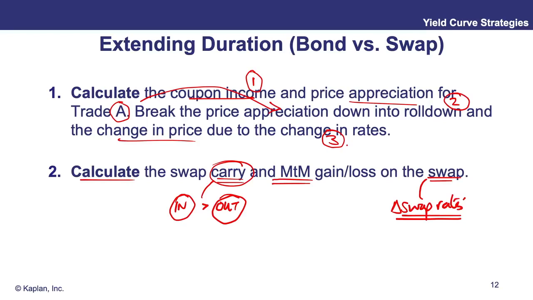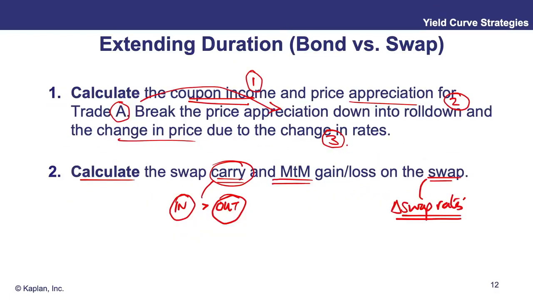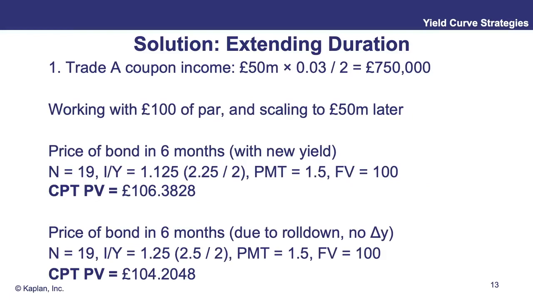Okay, so part 1 here, calculate the coupon income from buying the Treasury bond, trade A. You might remember that the bond had a 3% semi-annual coupon. So that's really 1.5% per 6 months. And if we take that 1.5% of our par amount of 50 million, we'll get in sterling terms our coupon income. So that's what's happening here.